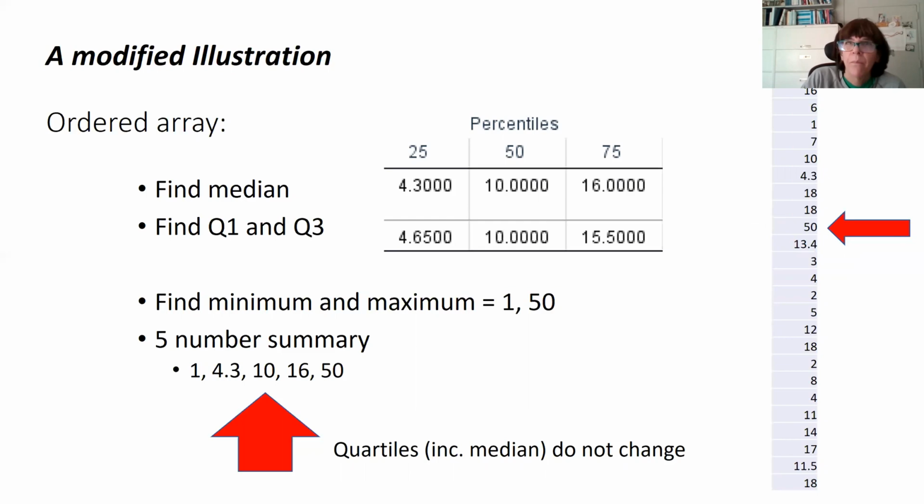But the value of the variable that occurs in any place order is not important. What changes is the minimum and the maximum, particularly the maximum. And so our 5-number summary is different only in the maximum value because that's changed from 30 to 50.